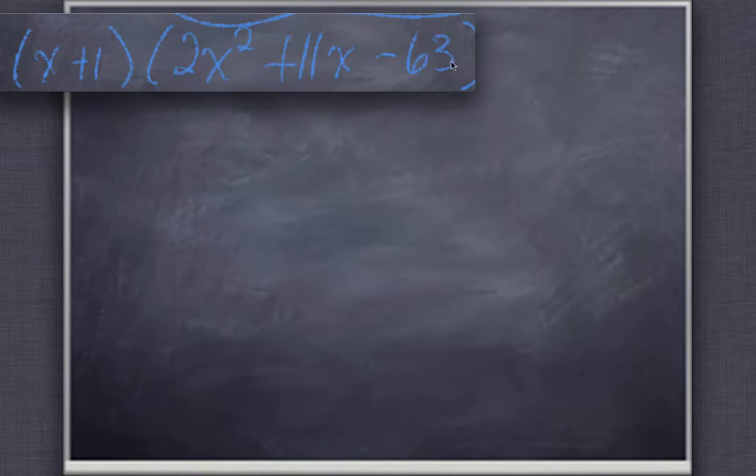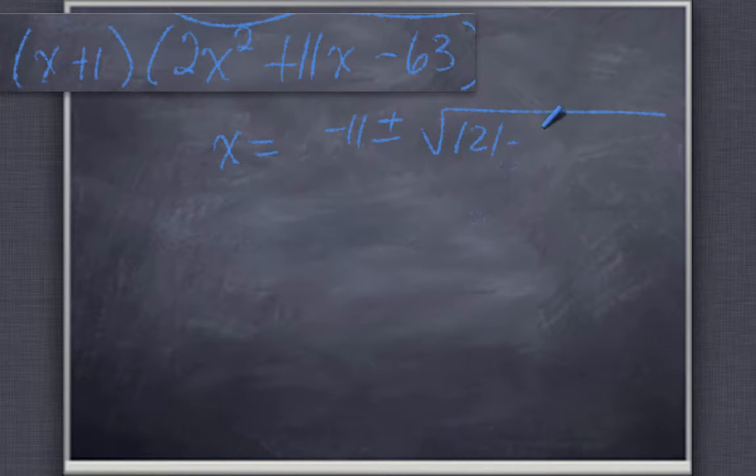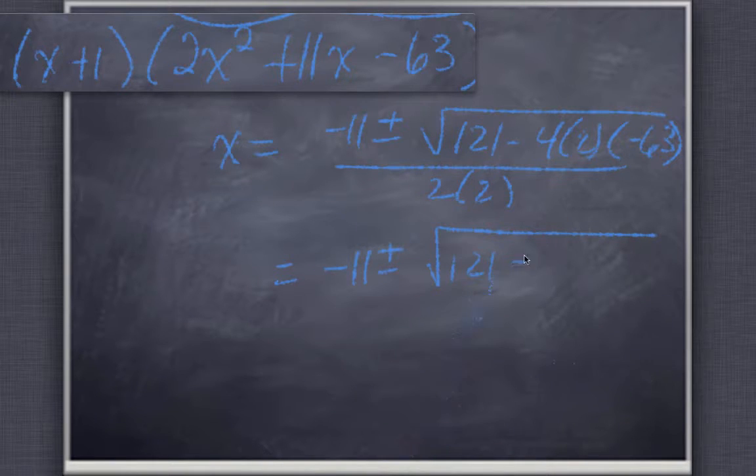So if that were equal to 0, then x would be negative 11 plus or minus the square root of 11 squared minus 4 times 2 times negative 63, over 2 times 2. Oh, look at that, it would have factored.